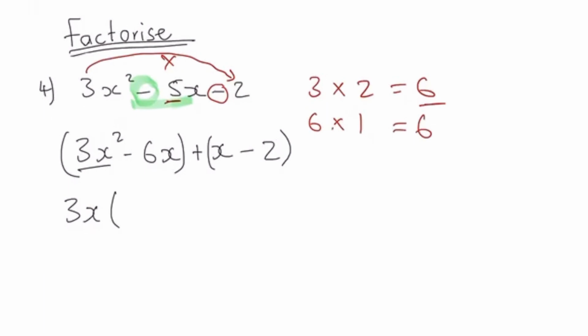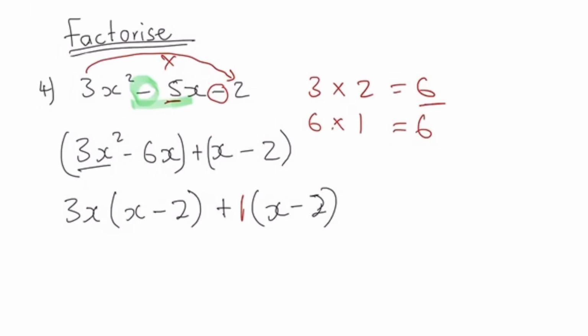We open the bracket and we say 3x squared divided by 3x, that will be x, minus 6x divided by 3x, that will be just minus 2. And you close the bracket. You write your plus sign. There is an invisible 1 there multiplying x minus 2.